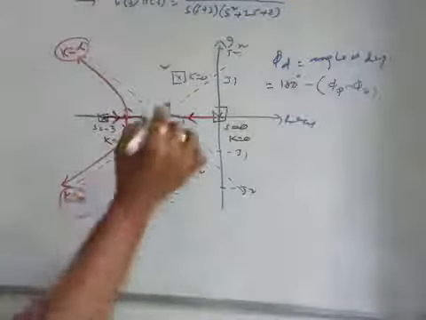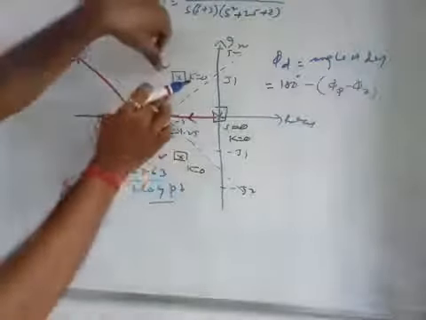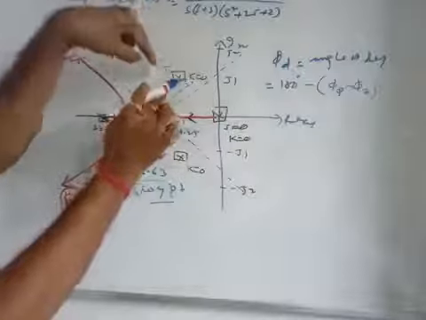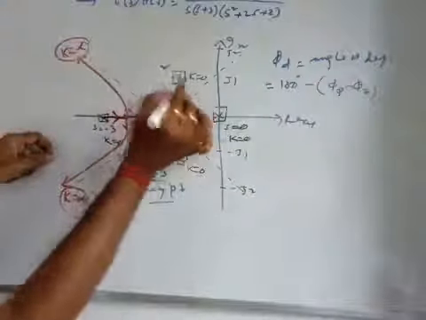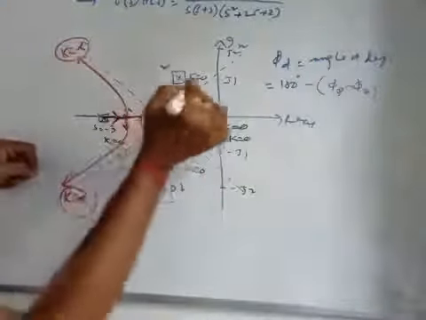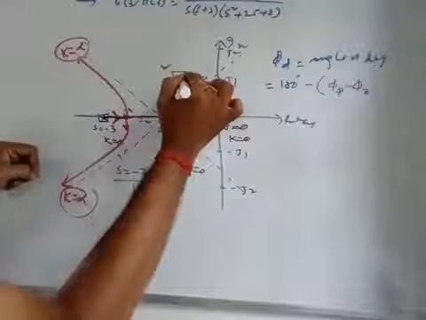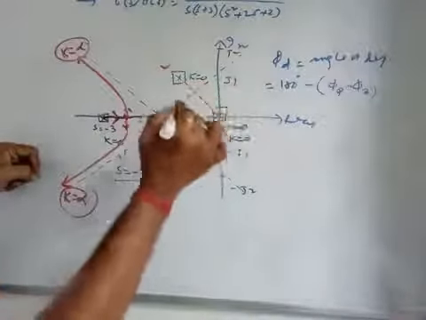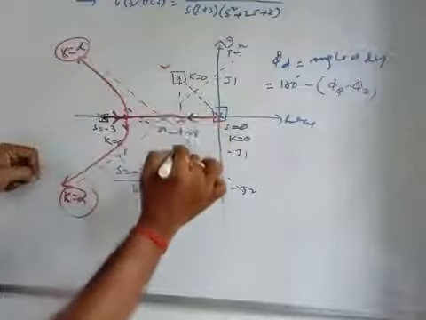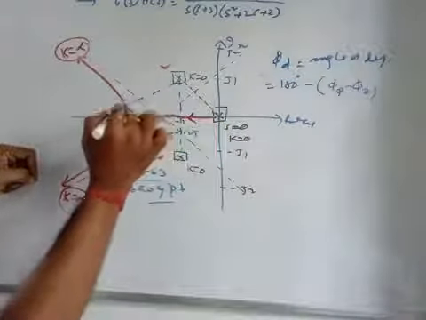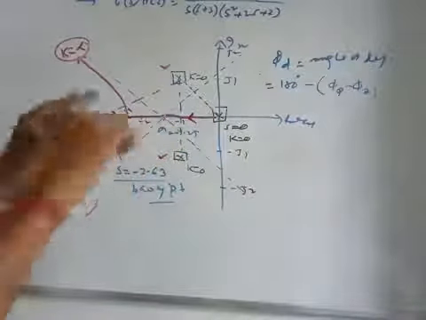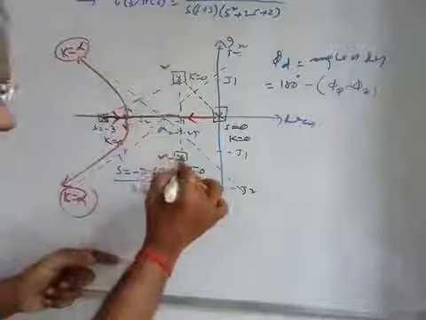So we will concentrate on this pole, and when we concentrate on this pole, we have to join all the other poles and zeros with the pole under consideration. So this is one joining, this is another joining, and this is another joining, right? So we will have three angles.